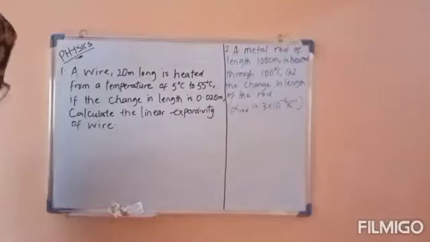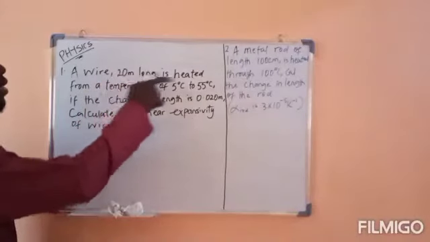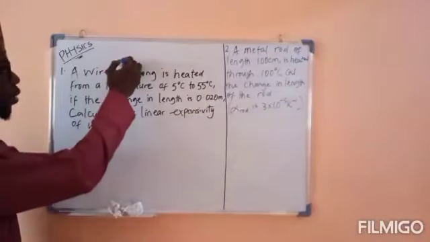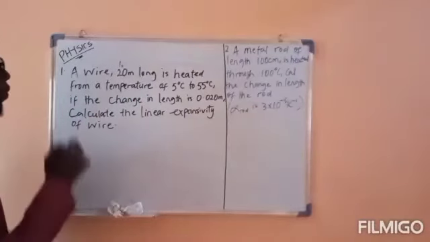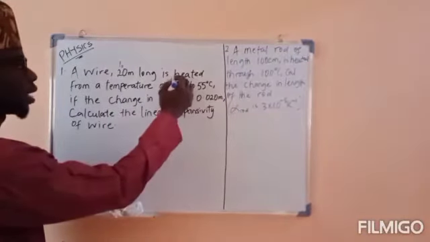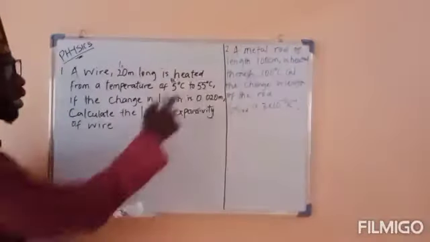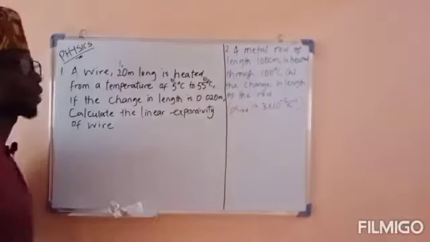So from this, you should know a wire of length this is heated. From here it was not heated, that gives us our original length. It's heated from a temperature of this to this. This gives us our original temperature, and this gives us our final temperature.